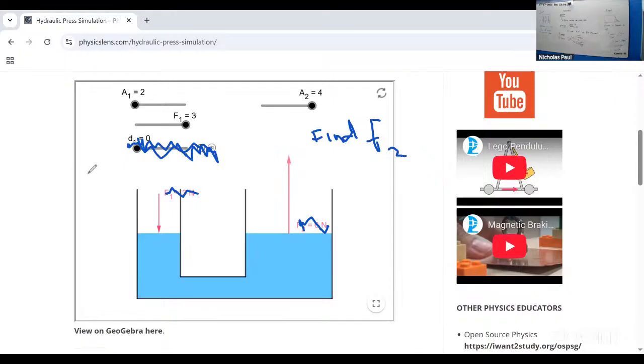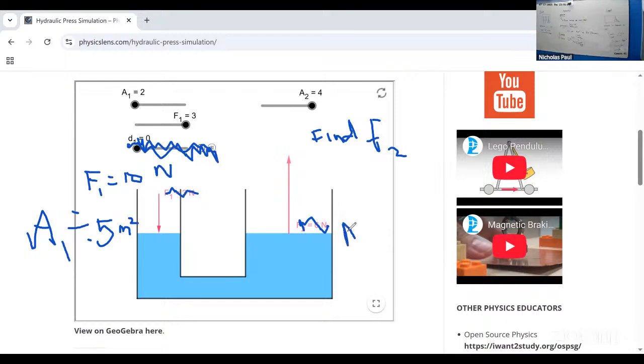I've given you F1. F1 is 10 newtons. That's 10 right here. And A1 is 0.5 meters squared. So that's F1 and A1, 0.5 and 10 newtons for F1.